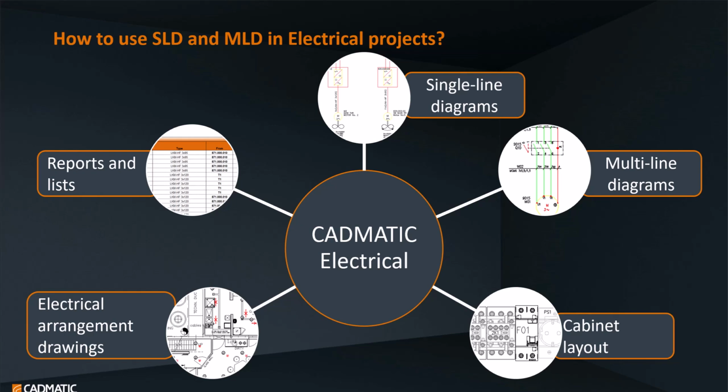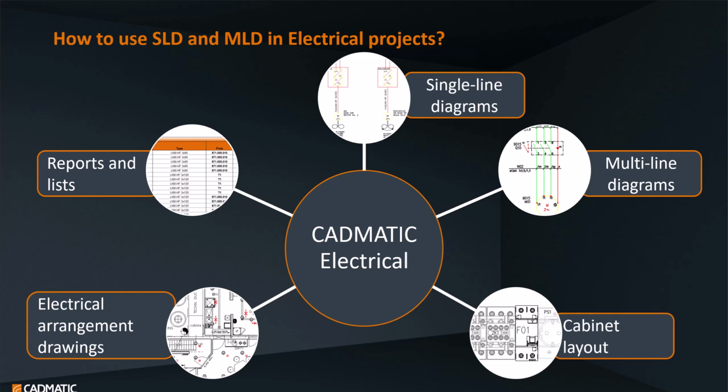Then, just before I go to the Electrical itself, just a reminder of how these things work in CADMATIC Electrical. You can think of CADMATIC Electrical to be in the center of your design and as a database.